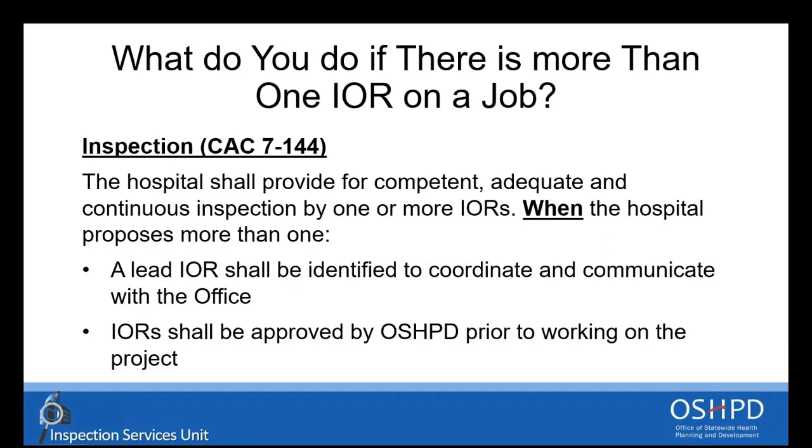In addition, one IOR shall be identified, and that person will be almost like a spokesperson for coordinating and communicating with the OSHPD field staff. And again, the IOR shall be approved by OSHPD prior to working on projects. If you are not approved by us, you are not actually the IOR, right? IOR is project specific. You will be just a certified hospital inspector.